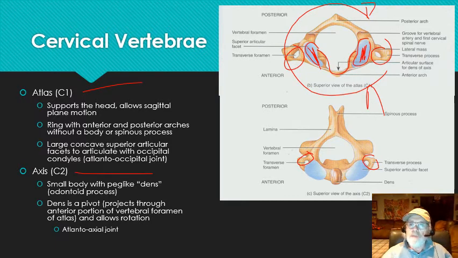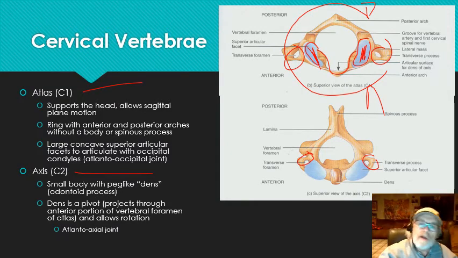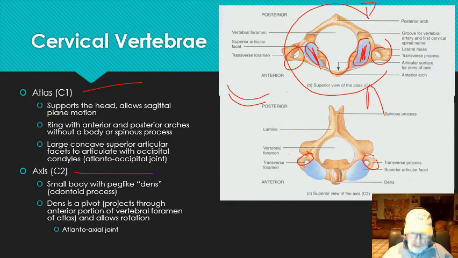The bottom of the skull comes like this, and these facets are a little hollowed out, they're concave. As a result, that's what causes the head to move in this type of direction. We slide that way at this joint, which is between C1 and the base of the skull. So it supports the head and allows sagittal plane motion, which is this motion here.